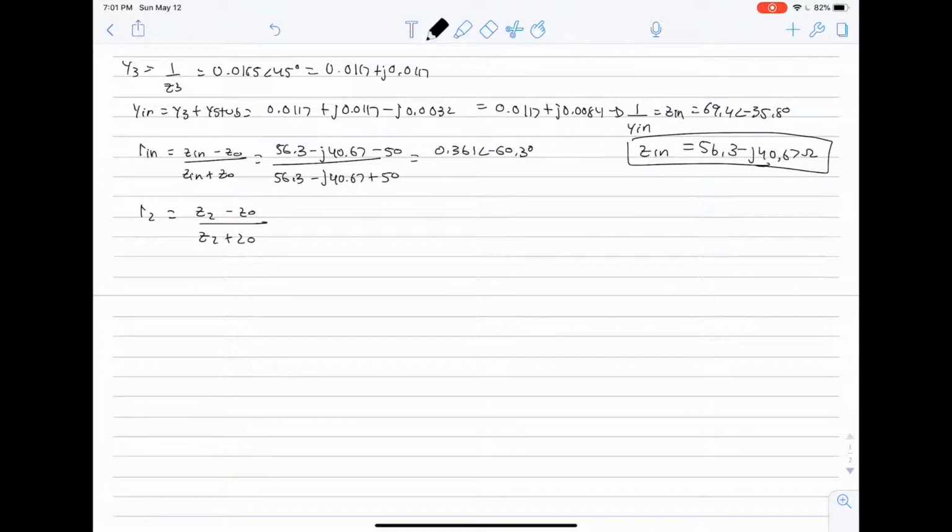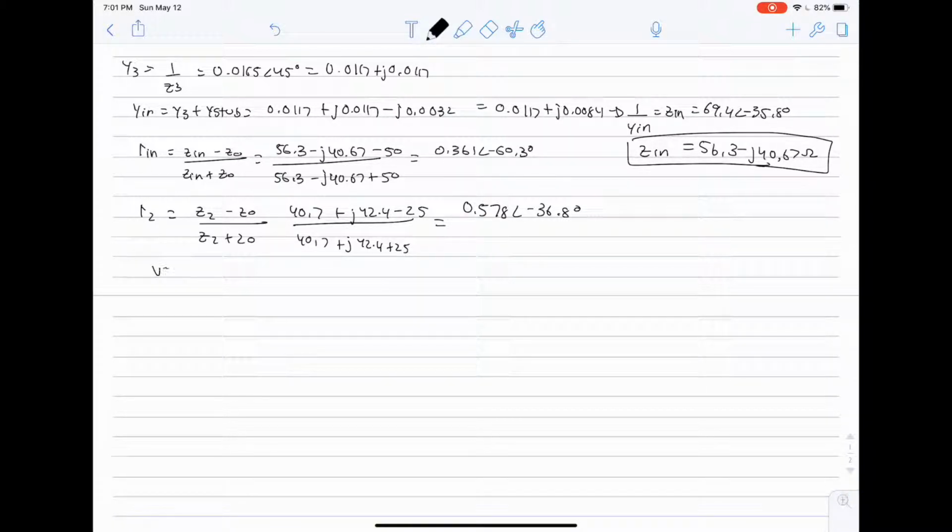That is 40.7 plus j42.4 minus 25, over 40.7 plus j42.4 plus 25. When you divide that and simplify, you get 0.578 at negative 36.8 degrees.